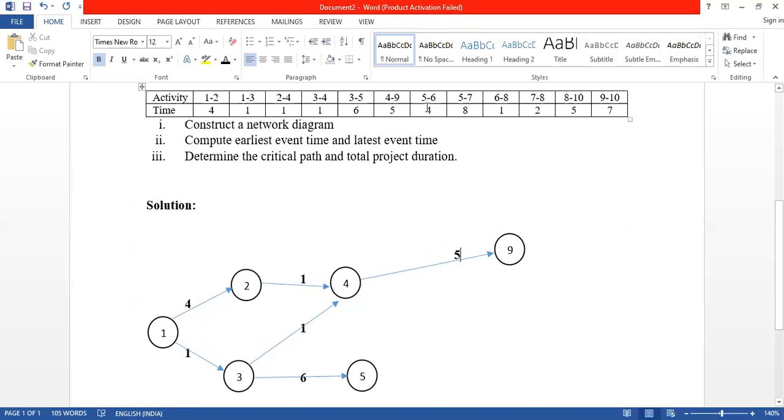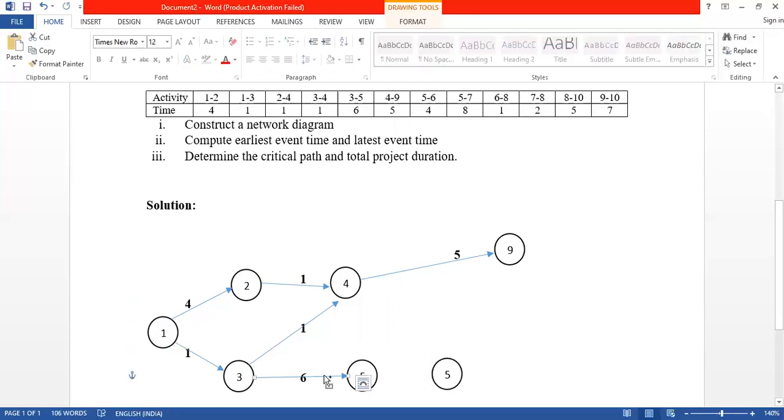Then 5 is connected to 6. So the activity connects event 5 to event 6, and it is taking 4 hours of time.